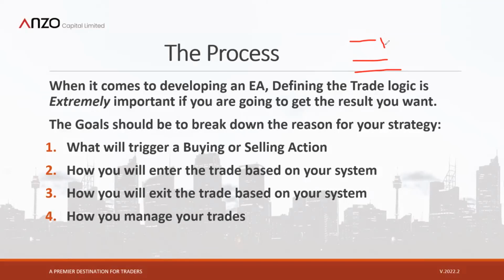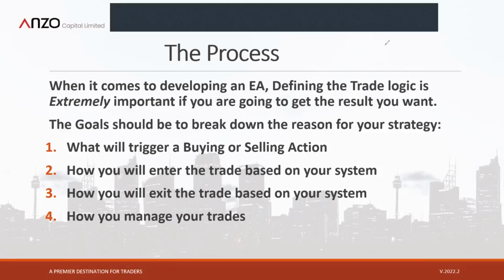All of this is still based on your trade rules, the logic behind your system. And once you have that set up, you can build your robots to actually implement your desire.